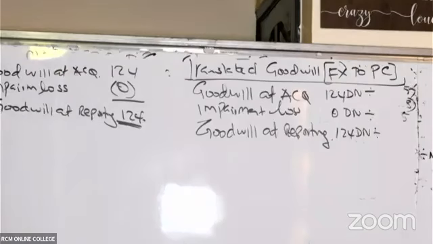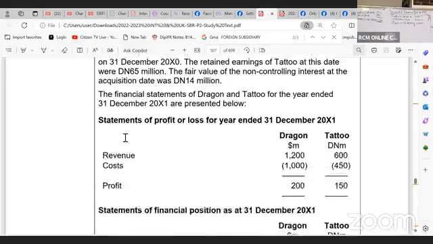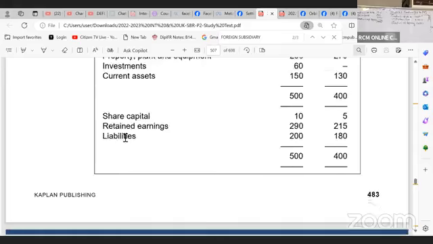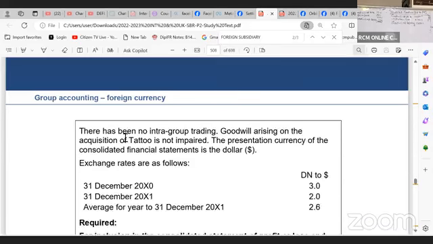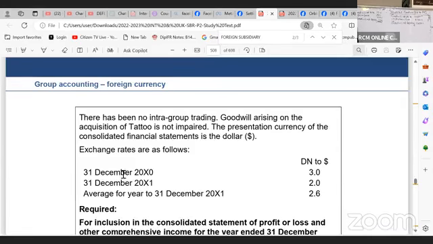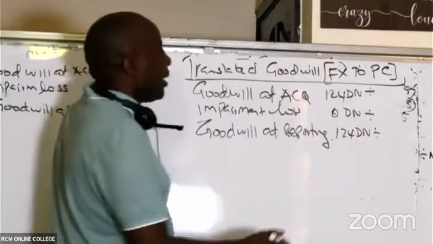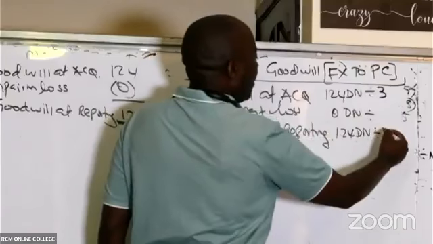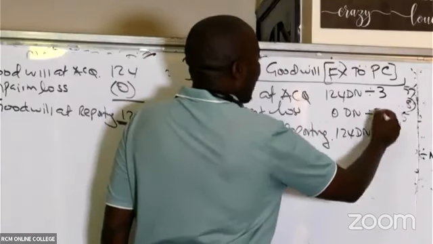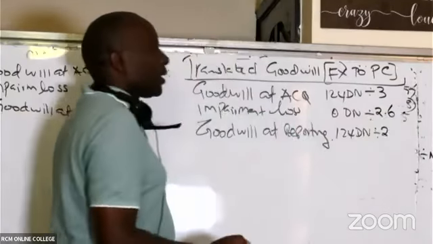The question gives me a figure to use there: for goodwill at acquisition, use 3. At the end of the year, use 2, and average, use 2.6. Watch out. Abracadabra: here I'm using 3, here I'm using 2, and here I'm using 2.6.